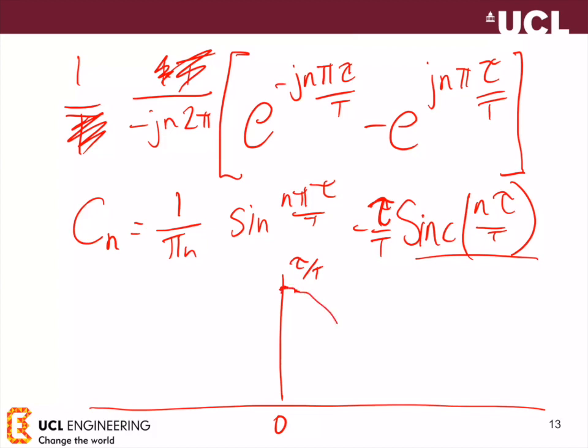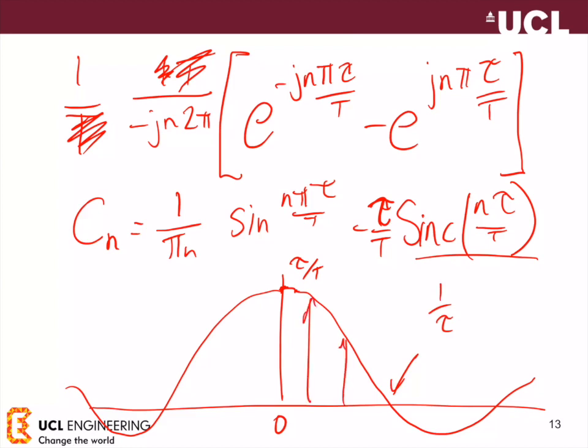We're still going to have this sort of sinc shape with a number of lines in it, but tau now is a multiplier of our frequency, and so our sinc is going to go through 0 now at 1 on tau. Our spacing between our lines is always going to be the same. As before, our spacing between our lines is going to be determined by the period.